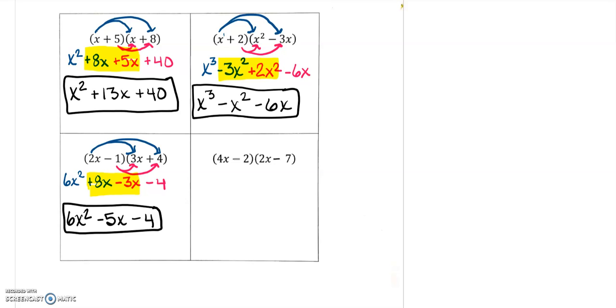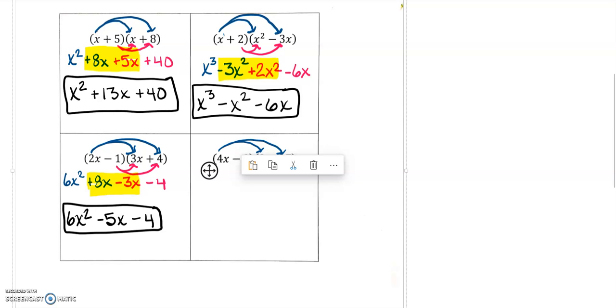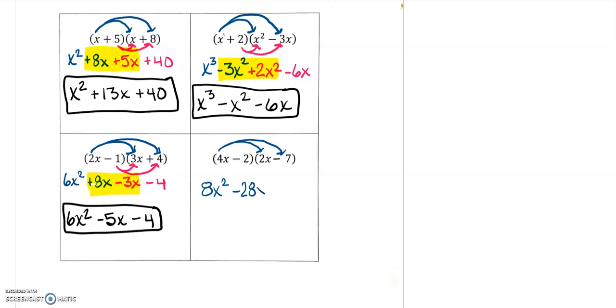Okay, here we go. Let's see if you got it right. We're going to distribute twice. The first time, we're going to distribute the 4x. 4x times 2x is 8x squared. 4x times the minus 7 is negative 28x.